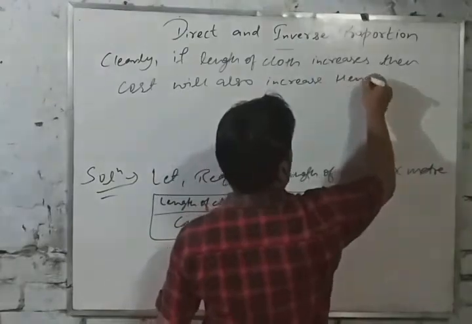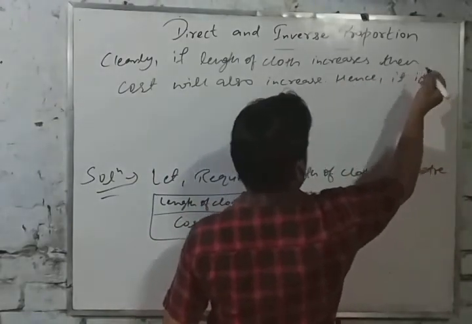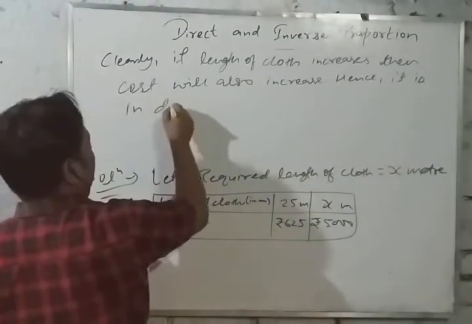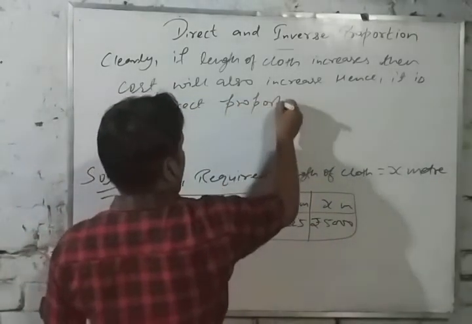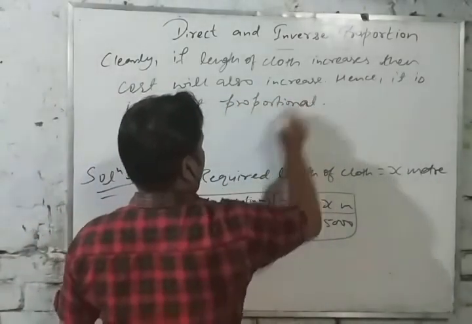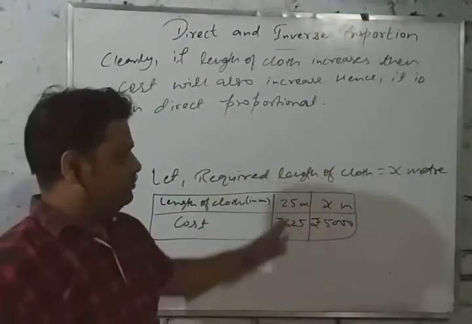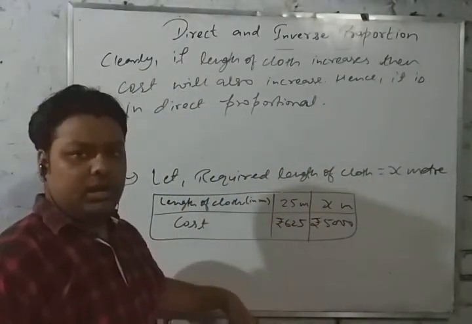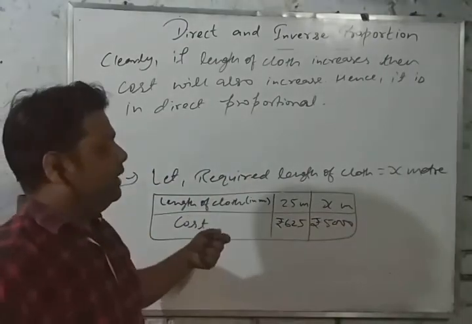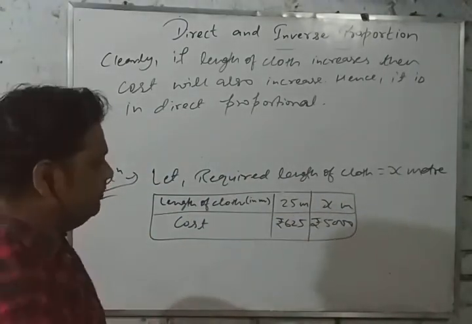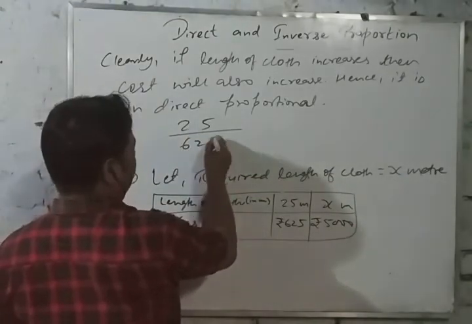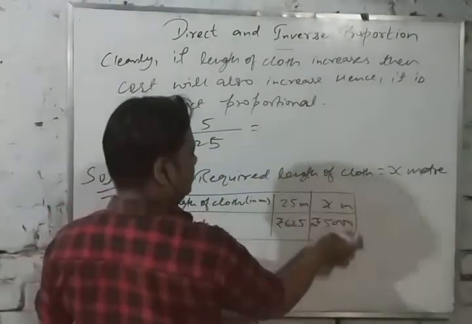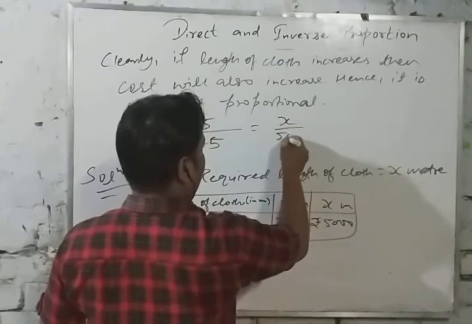Hence, it is in direct proportion. And direct proportion means we have to write in fractions. There is no need to write the formula again. So here we can write 25 by 625 is equal to x by 5,000.